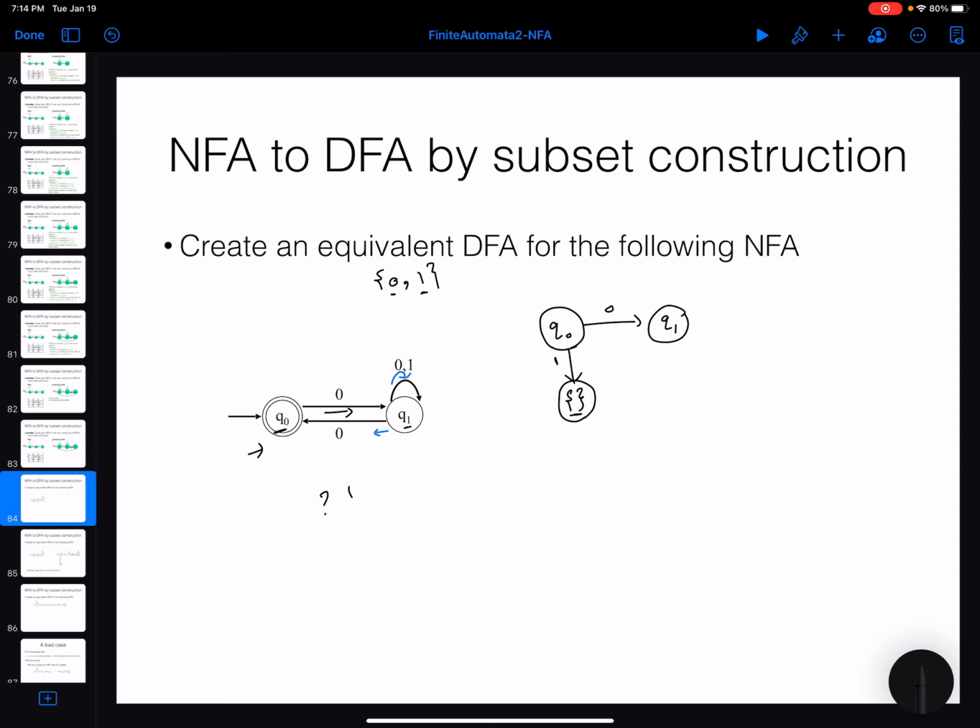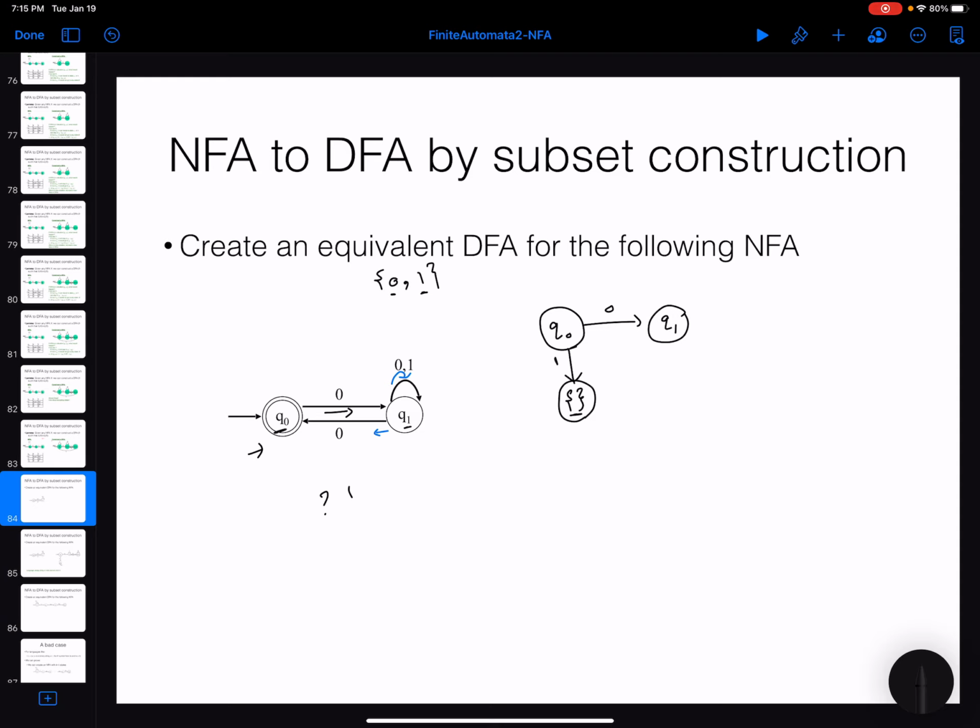It is represented as an empty set, or this is actually your dead state. This is the state where you are not going anywhere, so the machine is crashed.